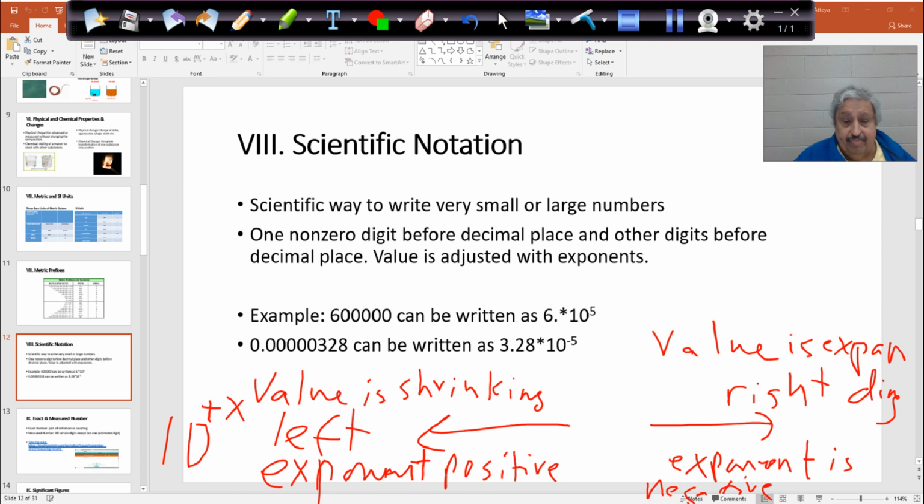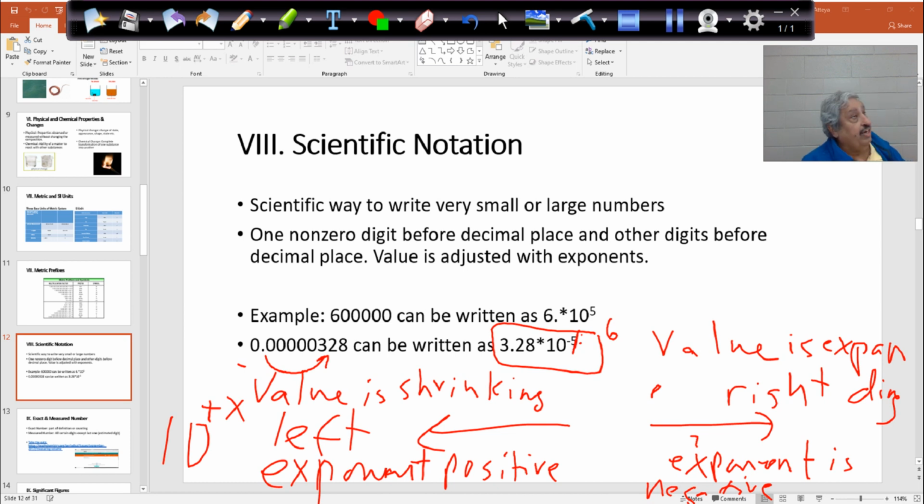Those here are the examples, but I think there is an error in this slide. Somebody confirm there is an error here. This is a large value, correct? I want to squeeze it, so I move the decimal. How many digits, guys? 6, but I have here 5. 5 is wrong. It has to be -6. I moved the decimal here to here, 6 digits, so it will be 10^-6, not 5, correct?